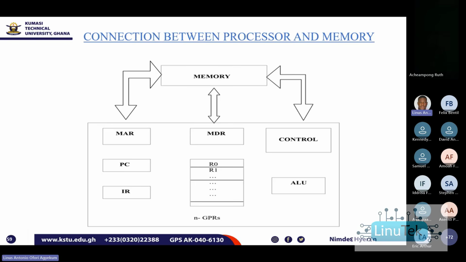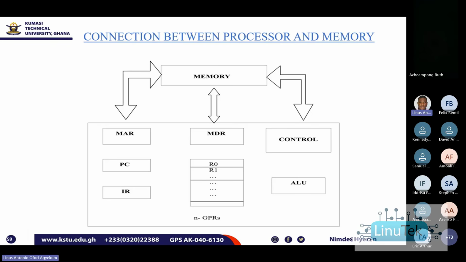We have the MDR, which is also known as the memory data register. Then we have a number of registers, R0, R1, R3. We have the control unit, and then we have the arithmetic logic unit.